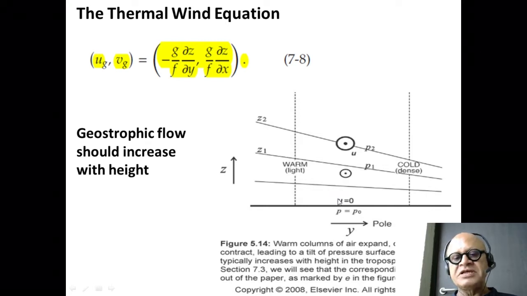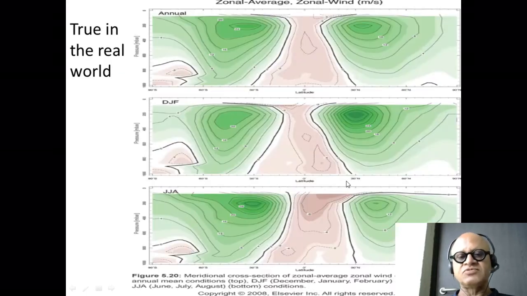Obviously, we can simply apply our geostrophy starting with zero winds at the surface, and it has to increase with height because we are still in geostrophic balance, and dz/dy is greater just means u is stronger, right? So you ended up with this vertical shear, as we call it, which was fairly obvious here.